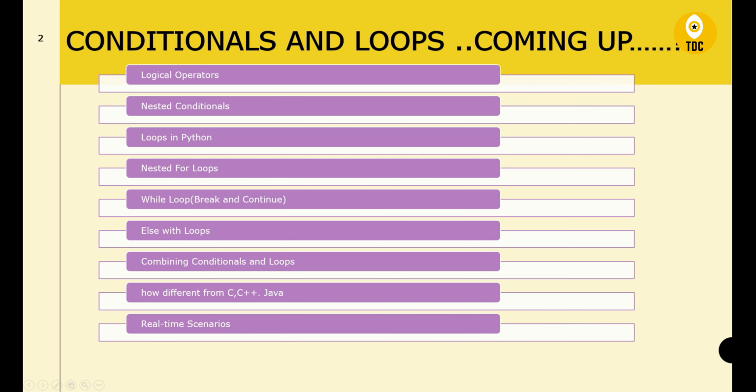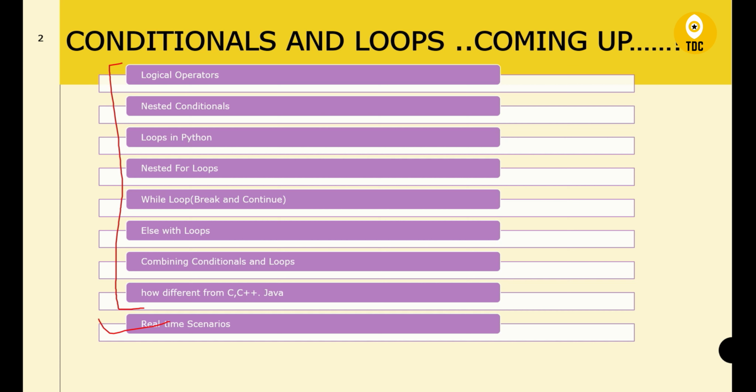These points are important to understand, but in this video I think the most important thing is the real-time scenario, because that is where, at the end, we explain how exactly conditionals and loops are helpful in different data analysis and data-related scenarios, right? So we'll explain those at the end of the video, so we recommend you watch the video till the end to get the maximum out of it.